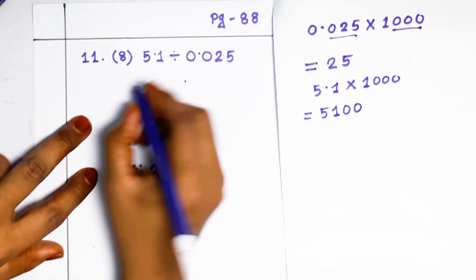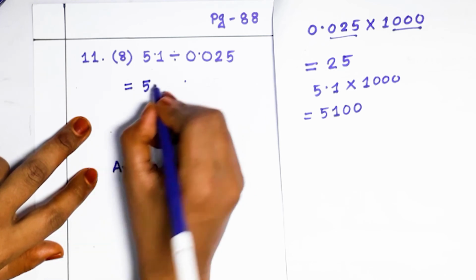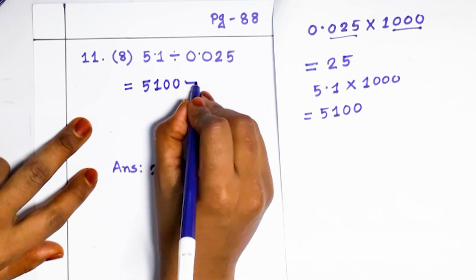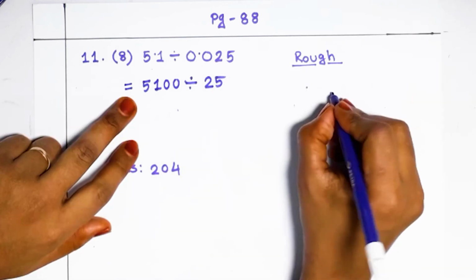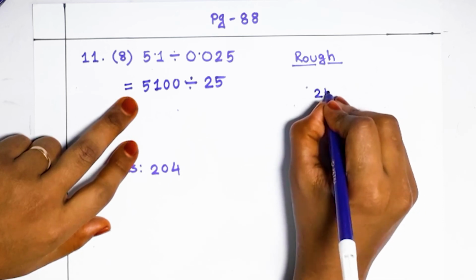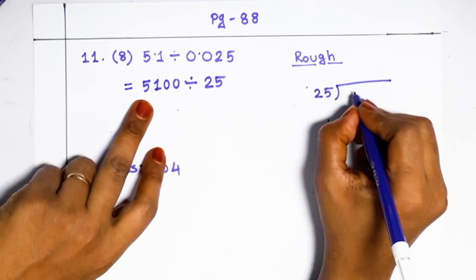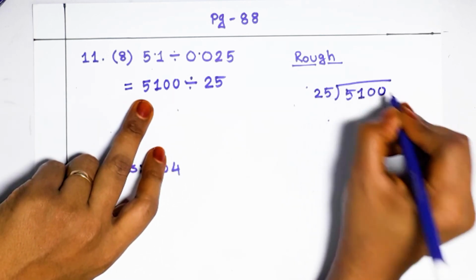So, we can write here 5100 divided by 25. Here is 25 and here is 5100.